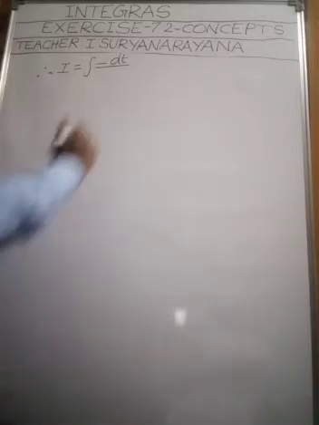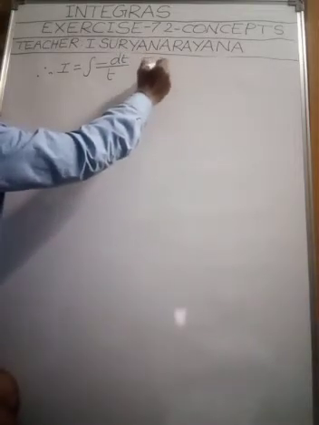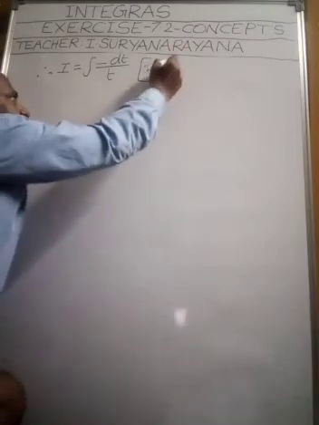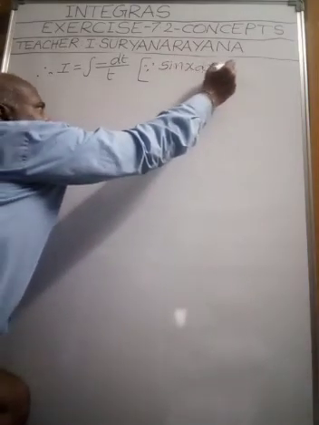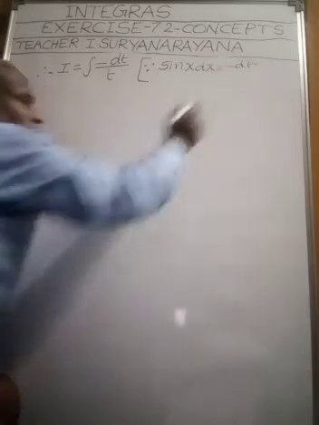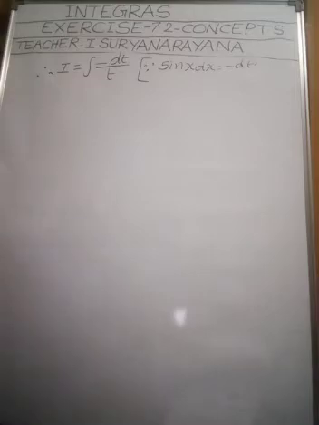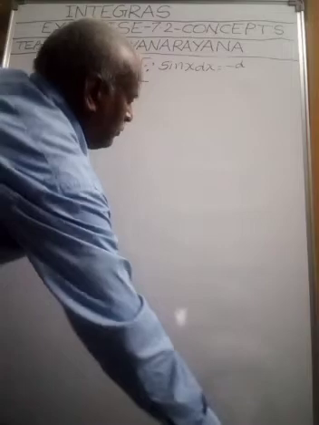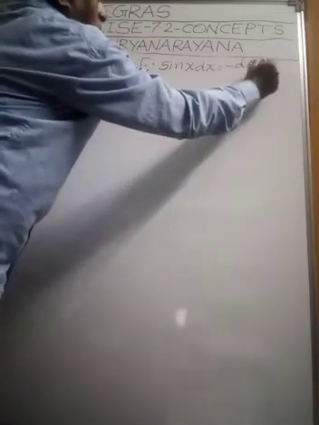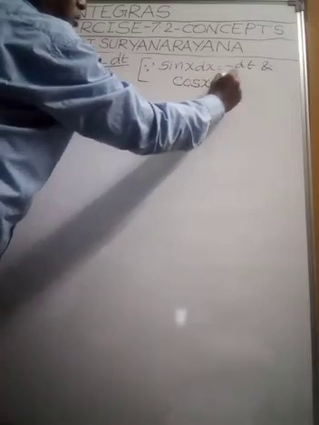So cos x is t only, because sin x dx is equal to minus dt, and cos x is t.